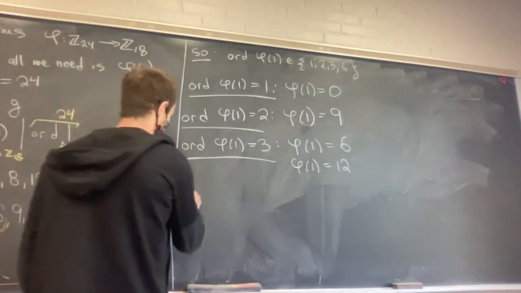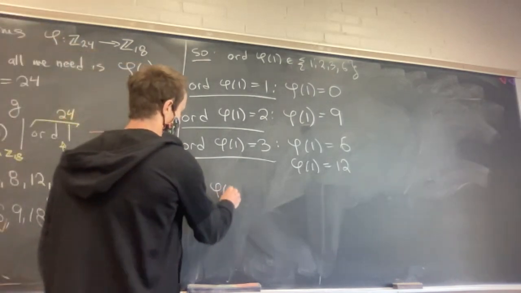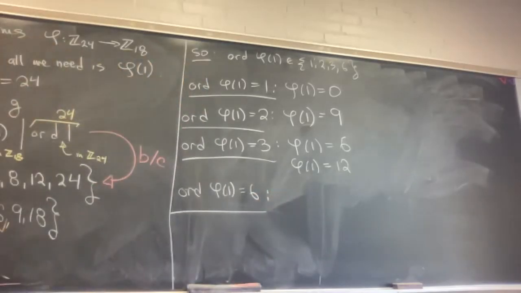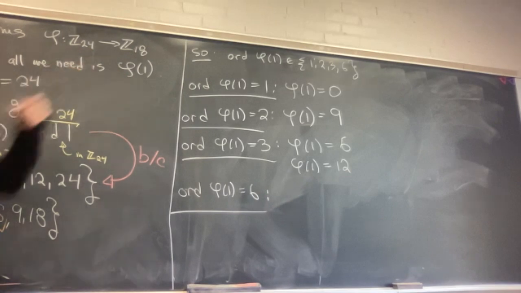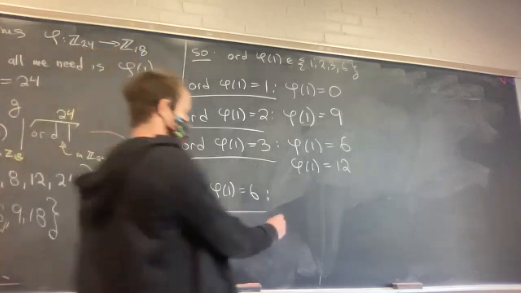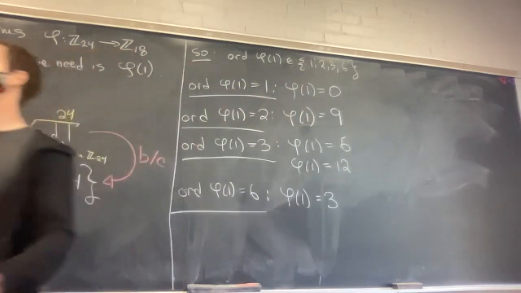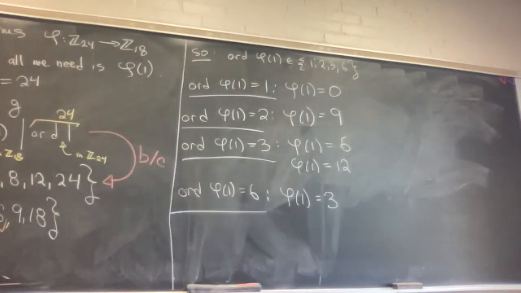Now, finally, we need order of phi of 1 equals 6. So we need something that we add to itself 6 times and we get to the identity in Z18. 3, exactly. So phi of 1 equals 3. 3 plus 3 plus 3 plus 3 plus 3 plus 3 is 18, which is 0. Now there should be one more.